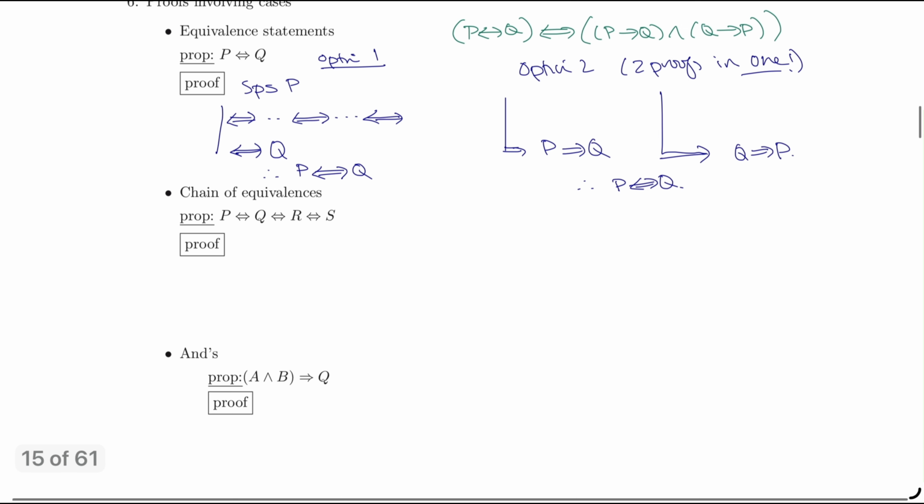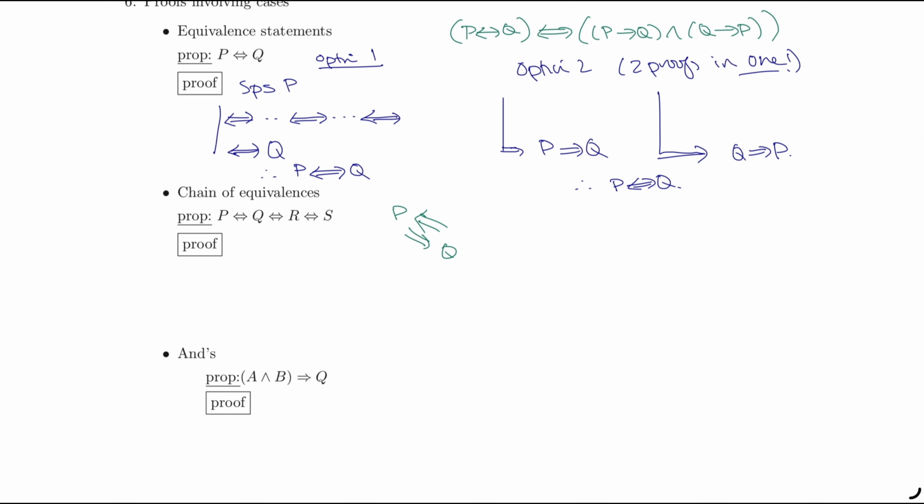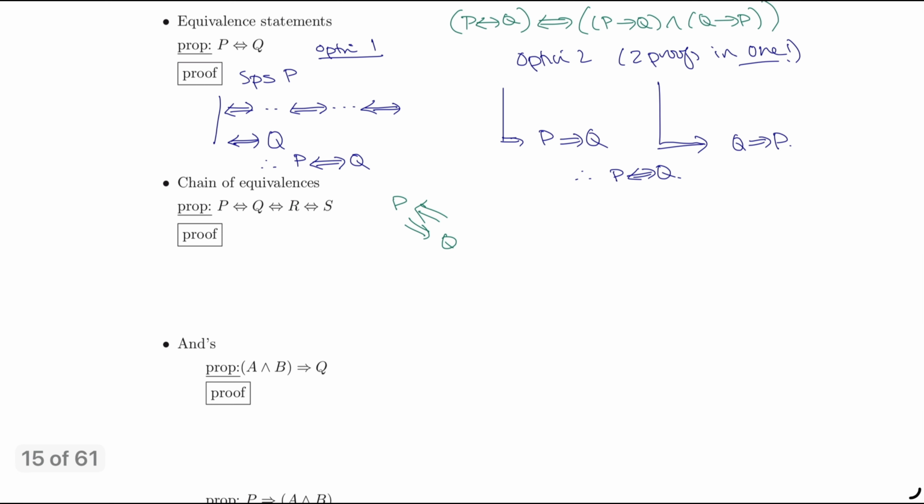Well, one way we could approach this is I need to show that P is equivalent to Q, and that would involve potentially two implications, showing P implies Q and Q implies P. I would need to show that P is equivalent to R, and again, that could involve two proofs, and P is equivalent to S, which again could involve two proofs.